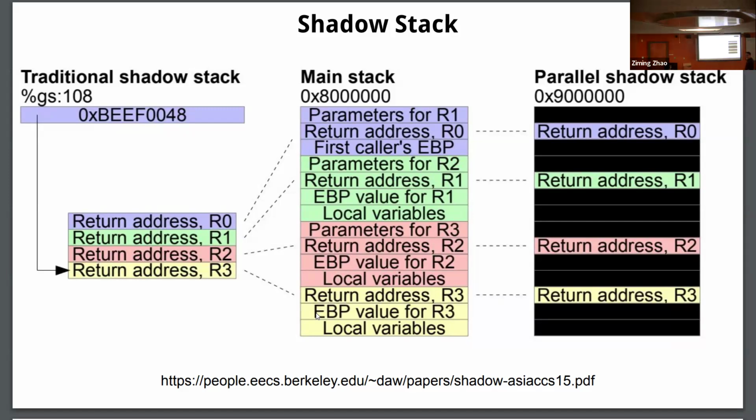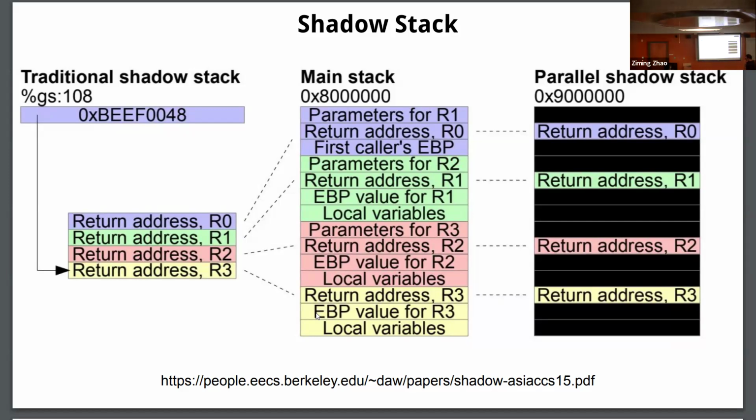The attacker is only able to override whatever is here, okay? Then we create another stack. We reserve another memory region to make another copy of those return addresses. And that new memory region, we call it the shadow stack.